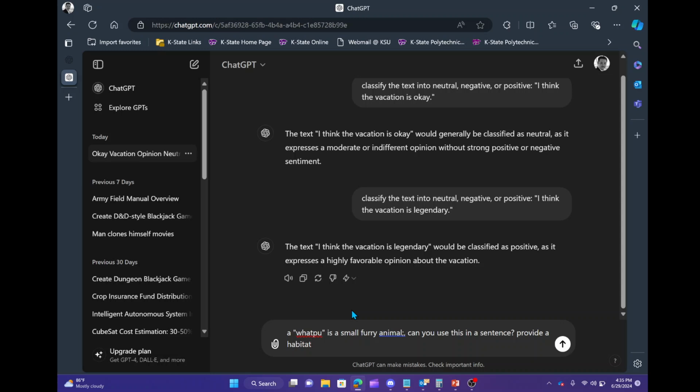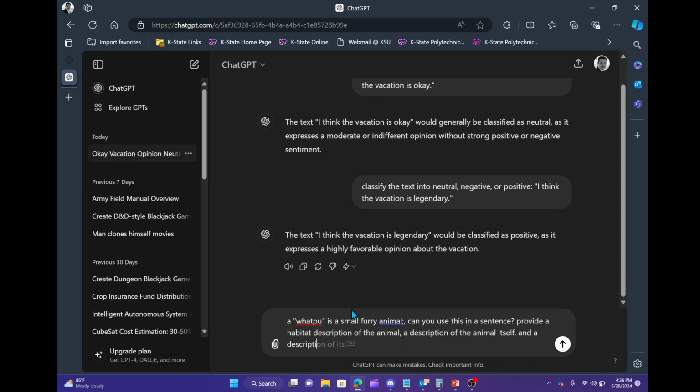So I'm going to say provide a habitat description of the animal, as well as a description of the animal itself, and a description of its eating habits. Okay.